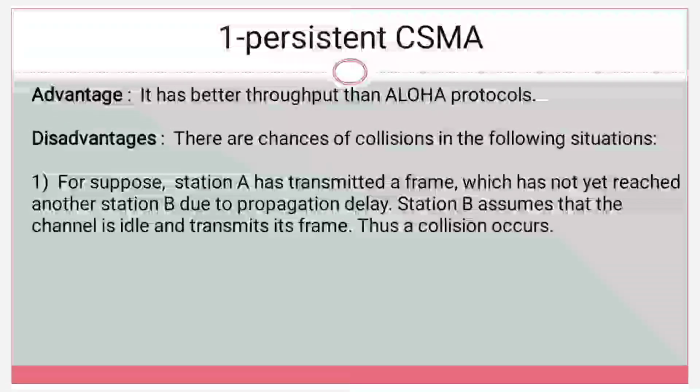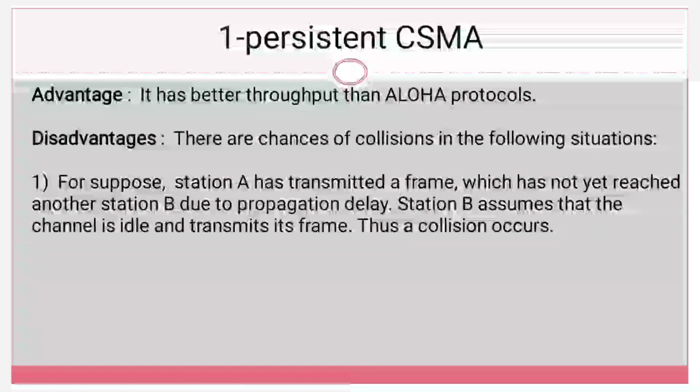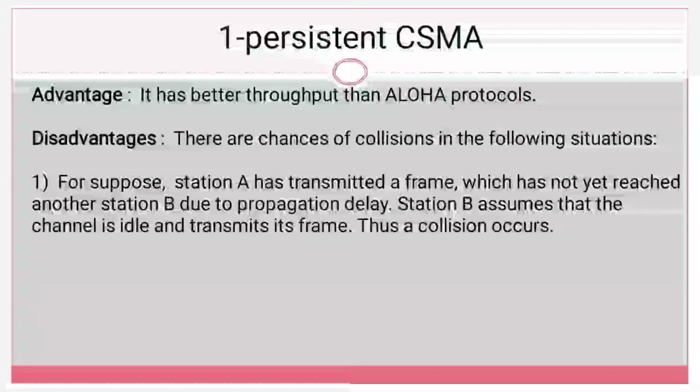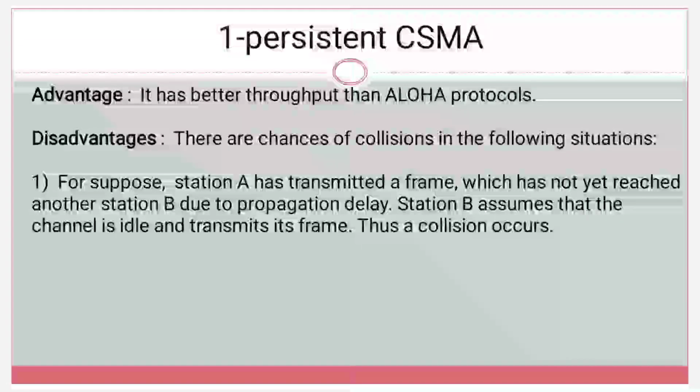First, station A has transmitted a frame which has not yet reached another station B due to the propagation delay. A starts transmitting the data, but due to the propagation delay, it has not yet reached station B. So what will B think?